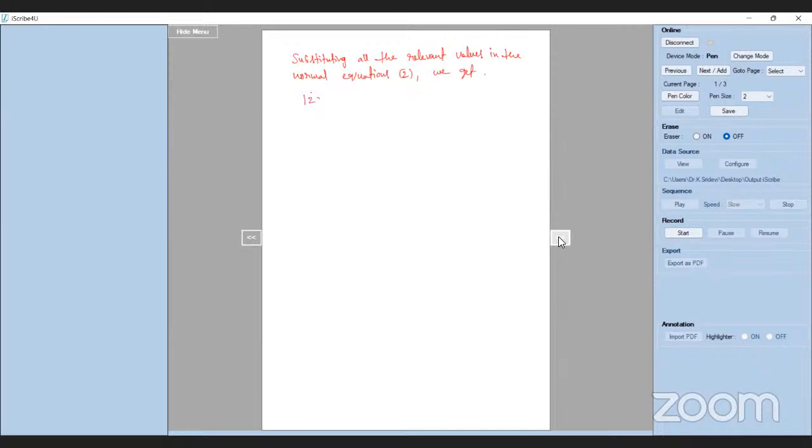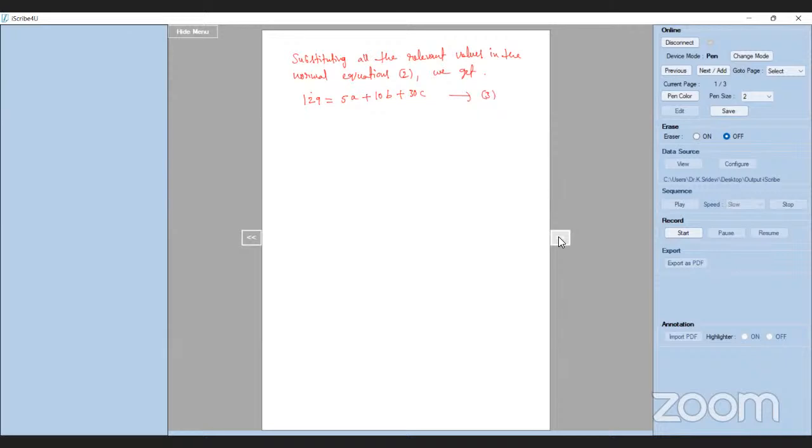Summation y means 129 is equal to n, which is 5, so 5A, plus summation x value 10B, plus summation x square 30C. Give this equation number 3.